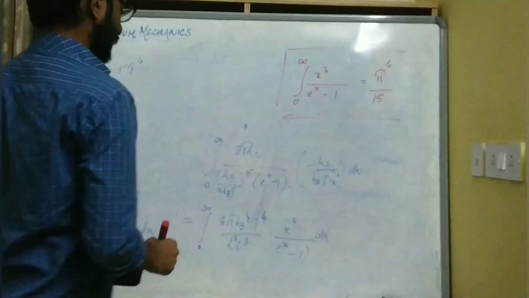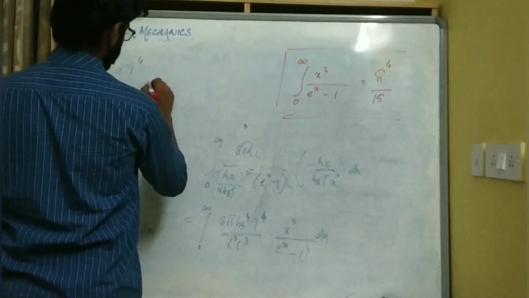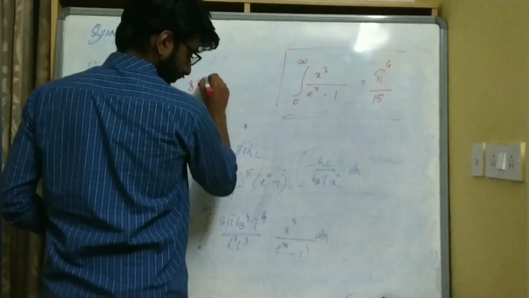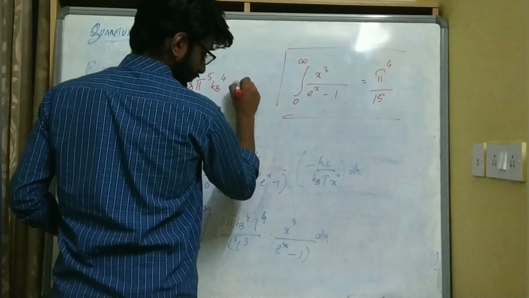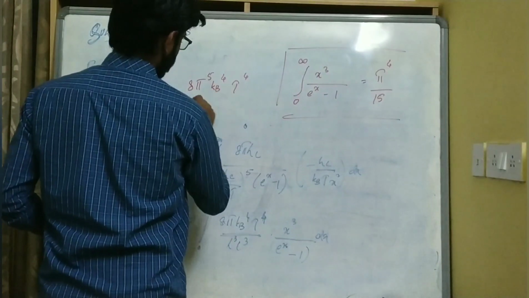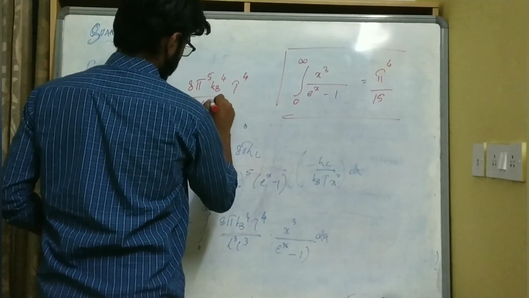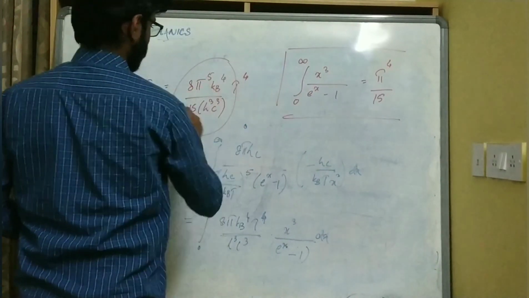So this is what we need to substitute here, and we will get the expression for E lambda as 8 pi to the power 5 kb to the power 4 t to the power 4 by 15 h cube c cube, and the whole of this is constant.